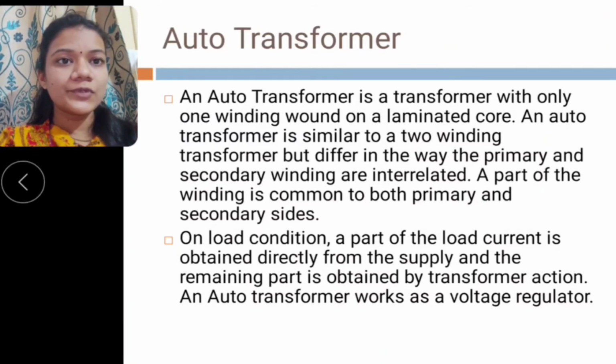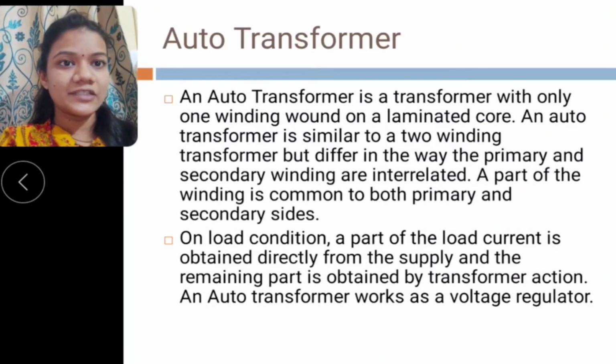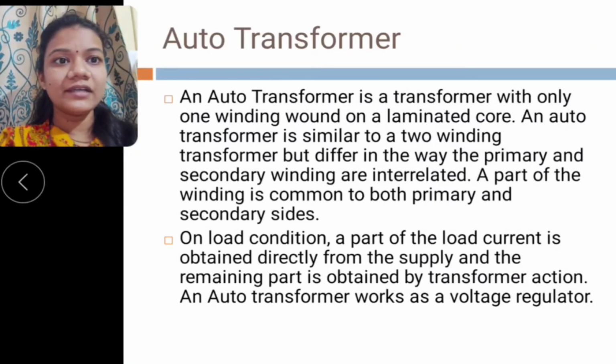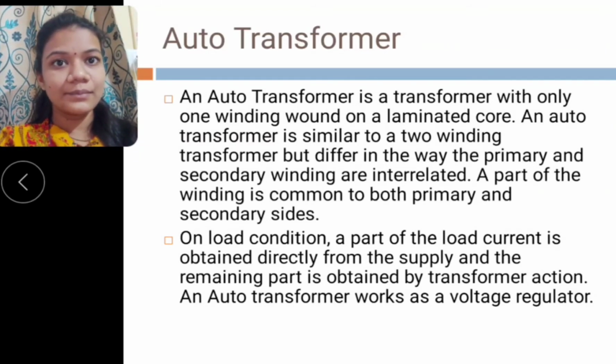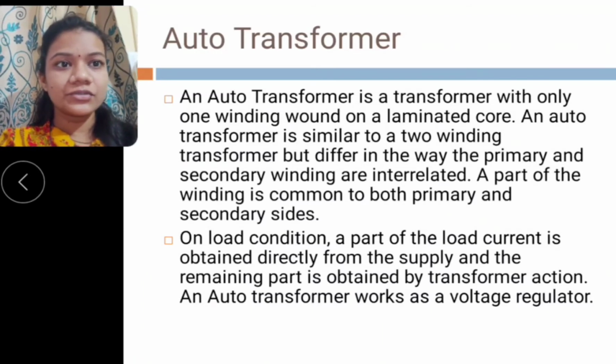An auto transformer is similar to a two winding transformer but different in the way the primary and secondary windings are interrelated. So the auto transformer and our normal transformer are the same, but the difference is in the interrelated connection between the windings.